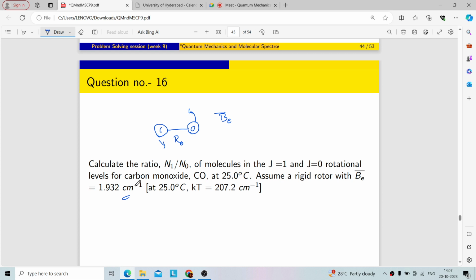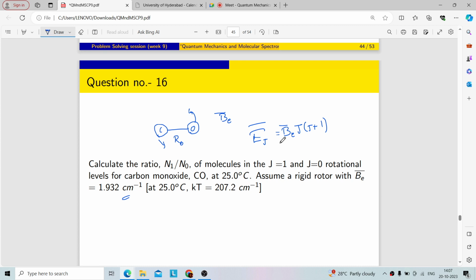So in that case, let me write down the energy of the Jth state: B_e J times J plus 1, in terms of wave number, so let me write E bar, B bar.